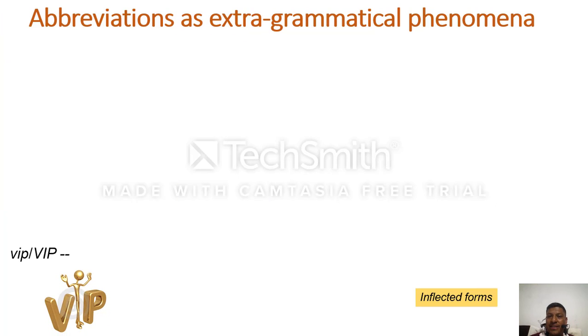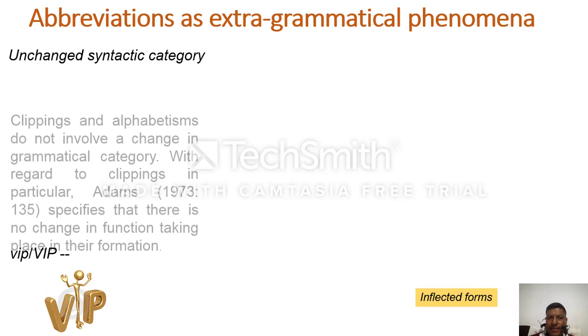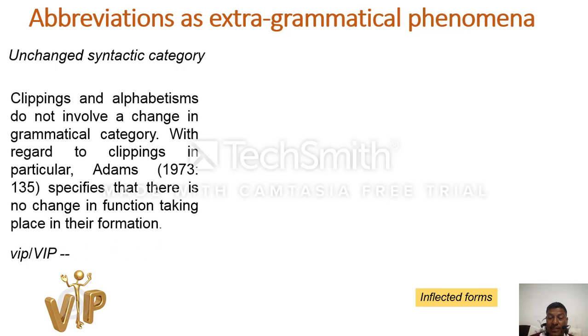Abbreviation as extra-grammatical phoneme. In this topic, we have different examples. For example, in this moment in actuality, society, the teenager, the new generation, for communication through message, Twitter, Facebook, other relationships and technology is VIP, very important person.